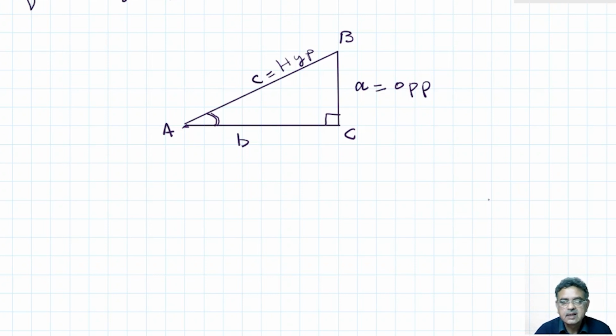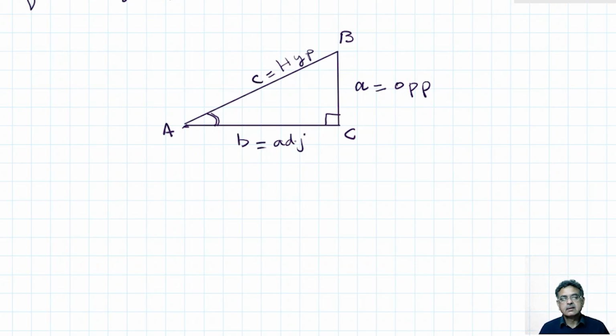If this angle is considered, then this will be opposite. This is very common sense, that whatever is the angle, the side opposite to that is opposite. And then this side is left with reference to this angle. This is adjacent to the angle, so we name this side adjacent.